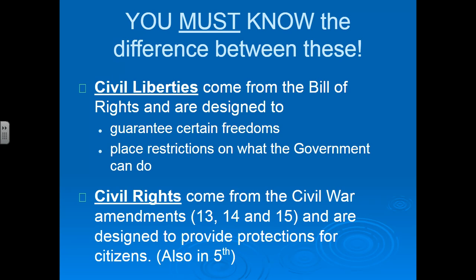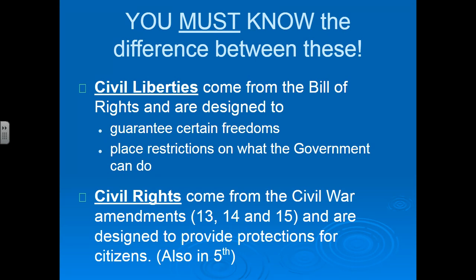Okay, sure, but you're saying it wrong. It's actually your liberty, not your right, but that's neither here nor there. Civil liberties mean you have the freedom to do something. So you have the freedom to have a gun, and the government cannot take that away from you. So civil liberties place restrictions on what the government can and can't do.